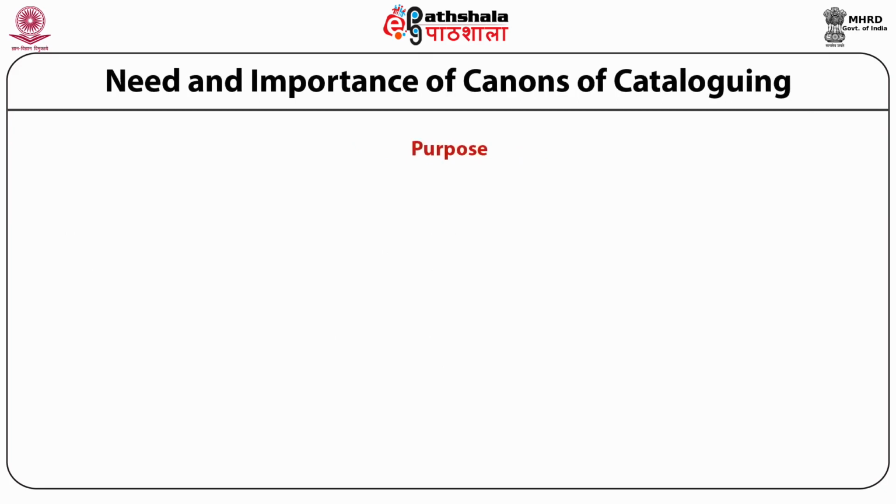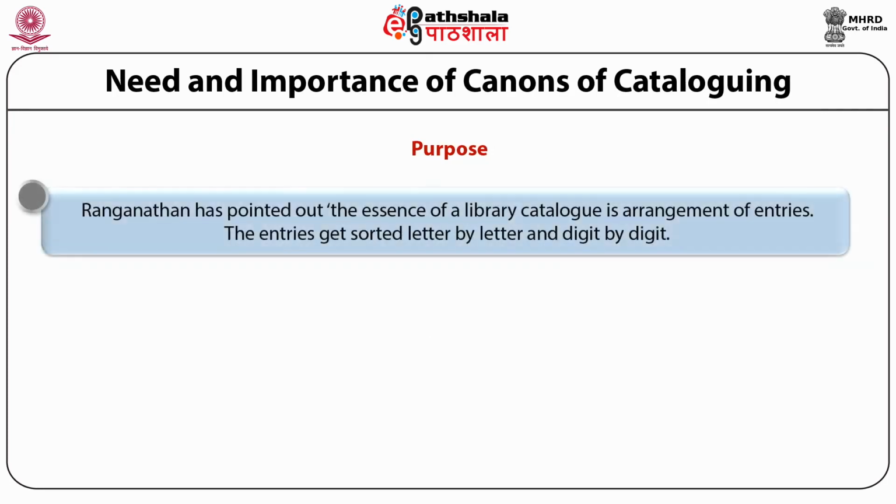Purpose of Canon of Prepotence. The following are the purposes of this canon. Ranganathan has pointed out that the essence of a library catalog is the arrangement of entries. The entries get sorted letter by letter or digit by digit.